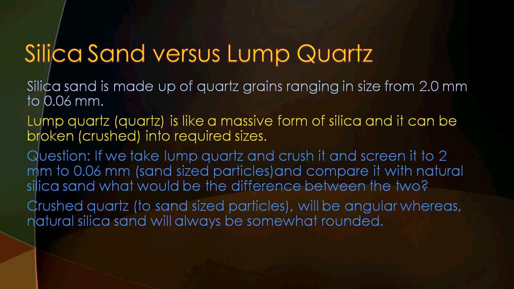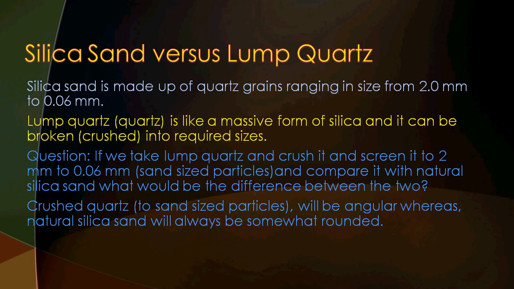So, you can imagine, because natural silica sand was formed from natural breakdown of quartz or other minerals, other rocks, and the quartz was traveling thousands and thousands of kilometers along with the rivers, with the wind, with glaciers.